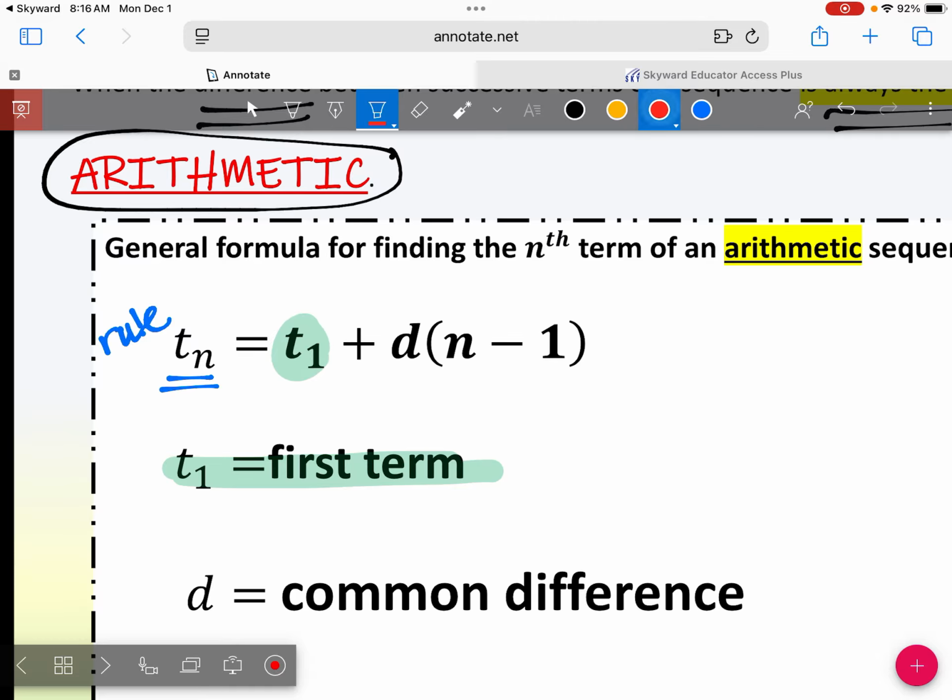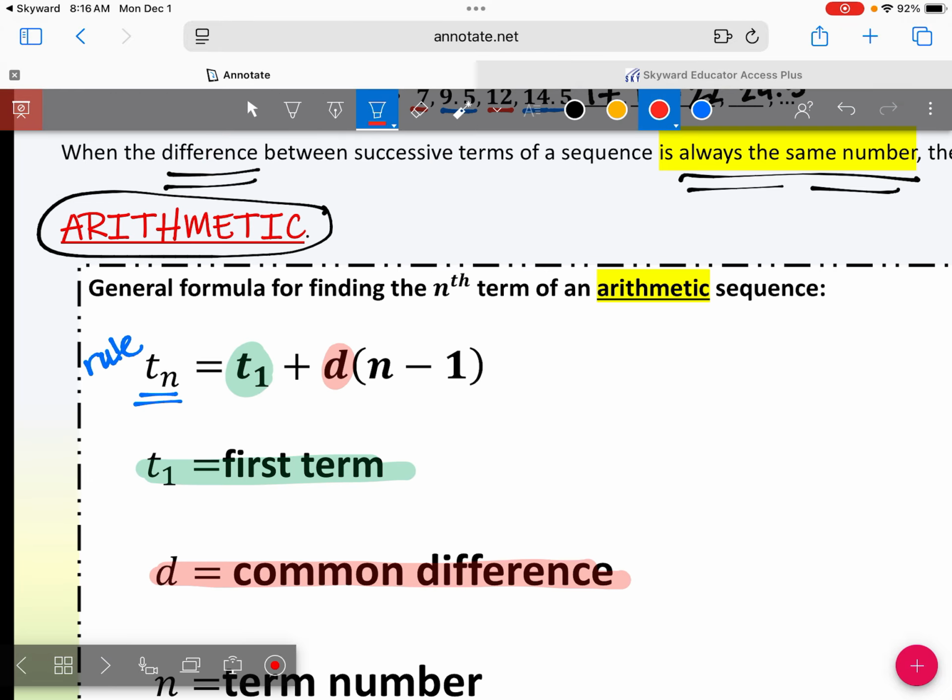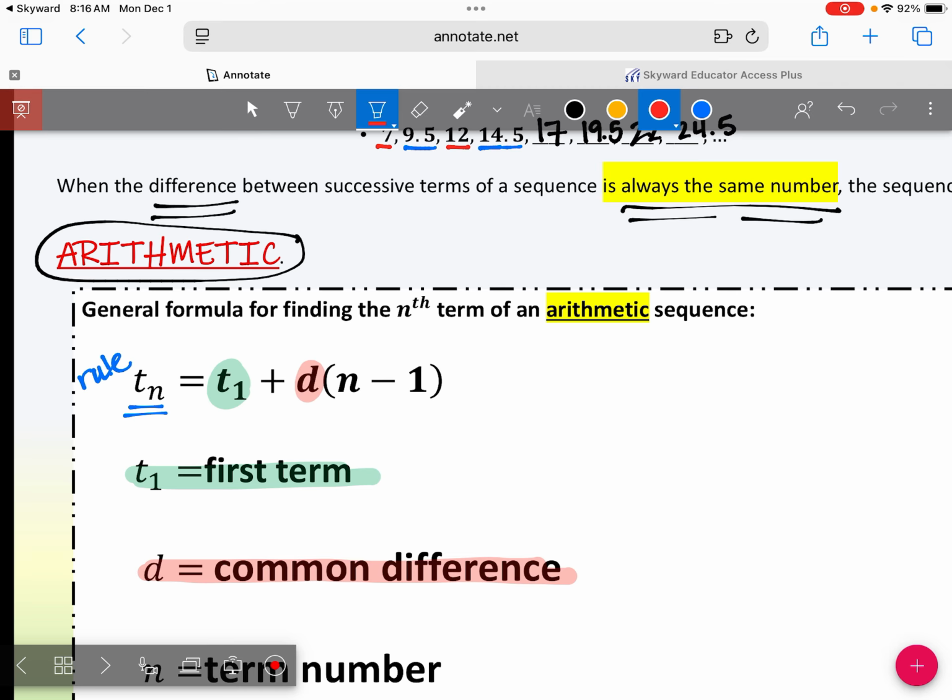The second thing we need to know is D, which is our common difference. If I look at the sequence we started off with, the first term was 7, and the common difference would be 2.5. And then N would be the term number. So I'll give you a moment to fill that in, and then we'll do practice.